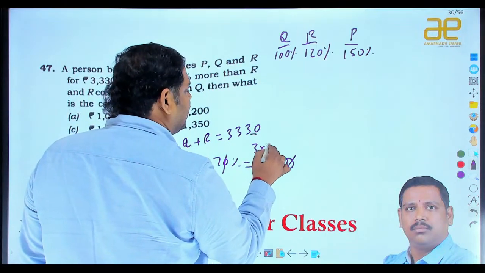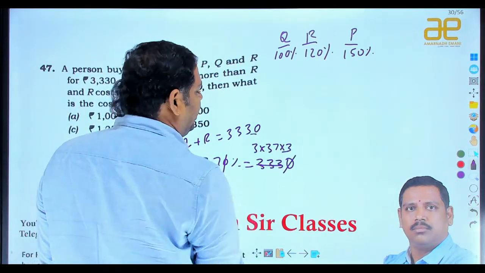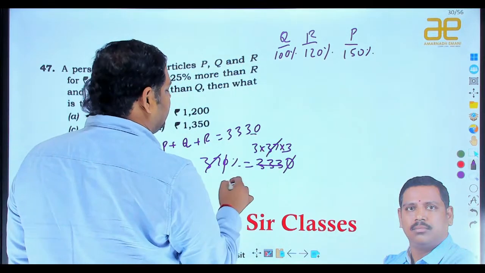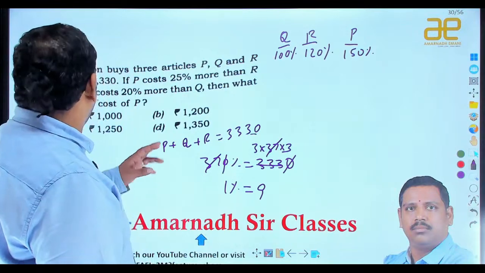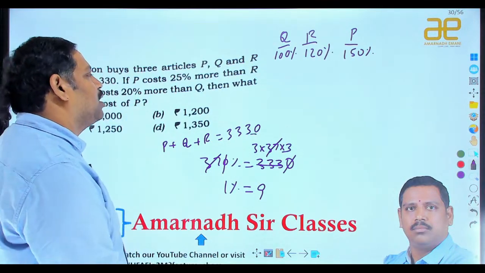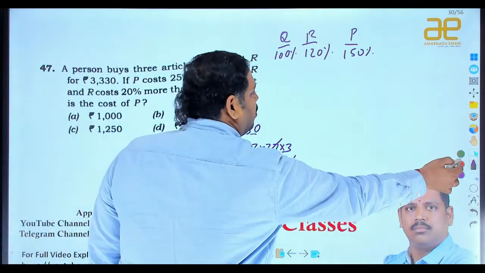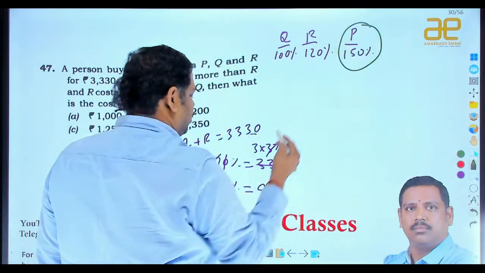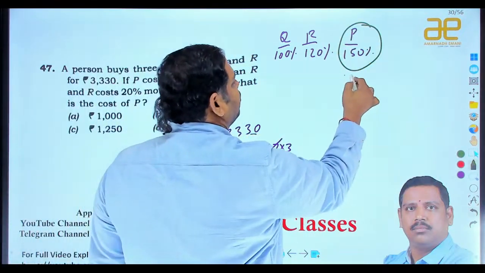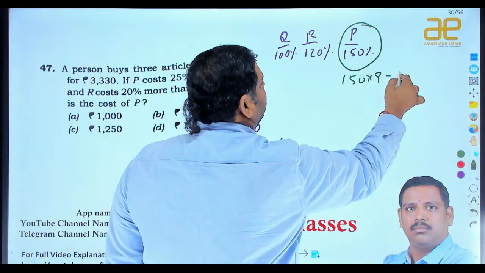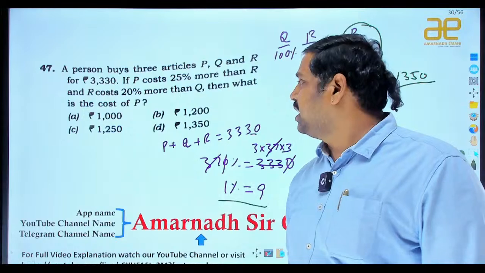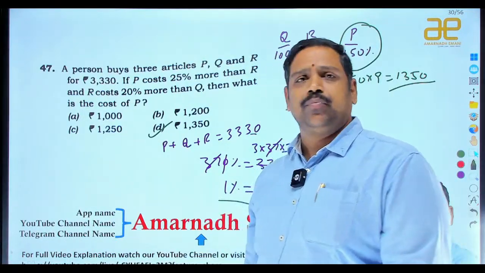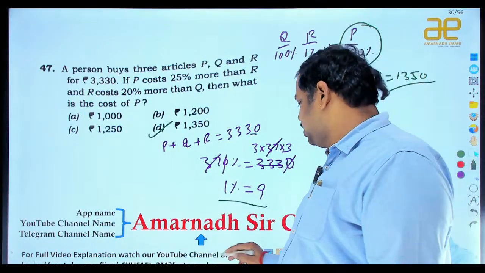So 3 into 37 is 111, into 3, right? 37 once, 37 cancels. 1% means how much is it? 9. Then what is the cost of P? He's asking about the cost of P. P means how much percentage? Yes, 150%. 1% is 9. 150% means 150 into 9, so 1350. Which option is the answer here? D is the answer.